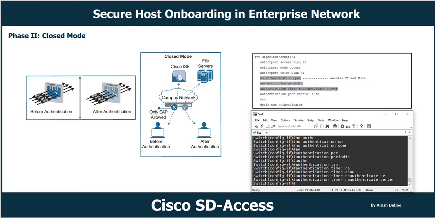They all support dynamic VLAN assignment, and Cisco DNA Center automates the configuration needed for the 802.1x phased approach. Because of that, at the end of this video, now we know that we use 802.1x in Cisco SD-Access for authentication and also for authorization of users and devices.